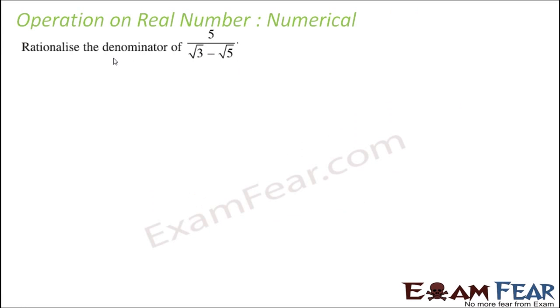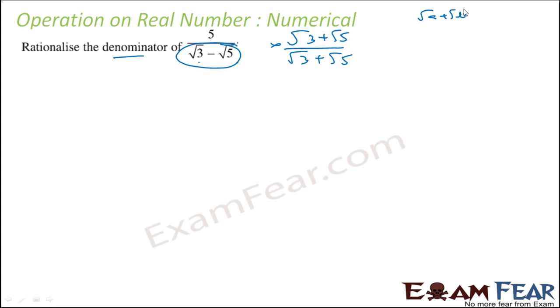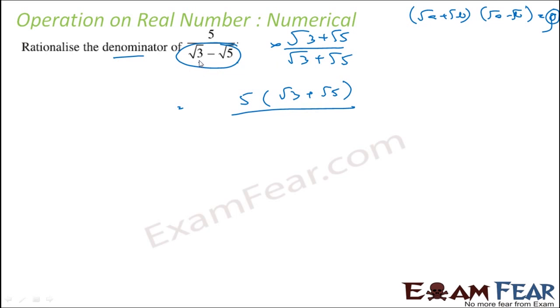Let's again rationalize the denominator. The denominator here is not rationalized. This is root 3 minus root 5. So we will try multiplying and dividing by root 3 plus root 5. Why? Because we know that it is root a plus root b. Multiply with root a minus root b, there is a high probability that you get a rational number, right? So we'll do that. So this becomes 5 into root 3 plus root 5 divided by, the denominator will become root 3 square minus root 5 square.